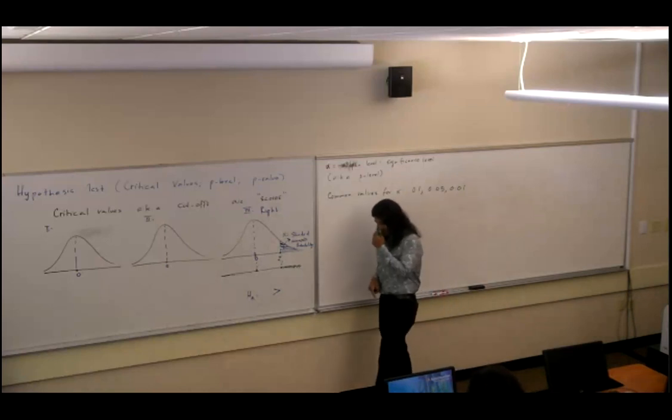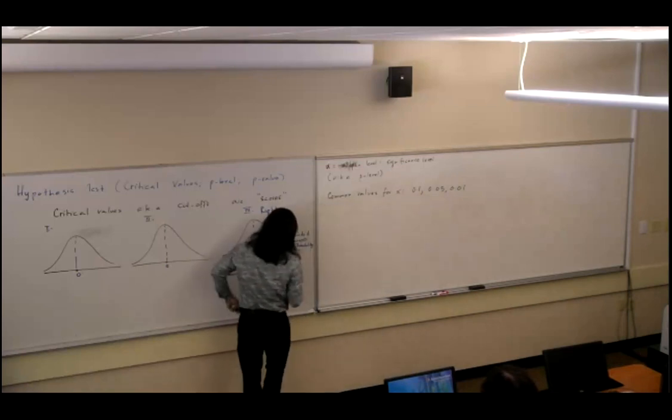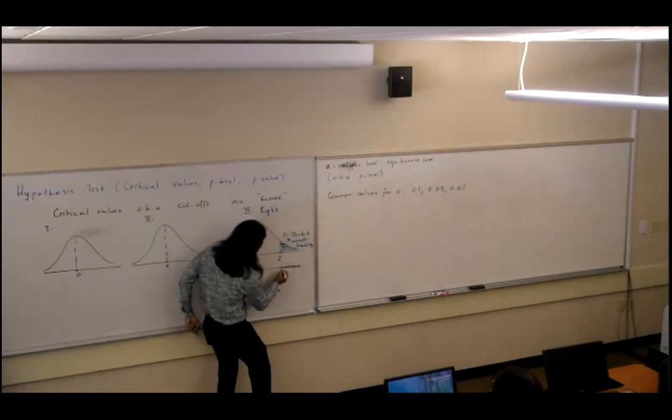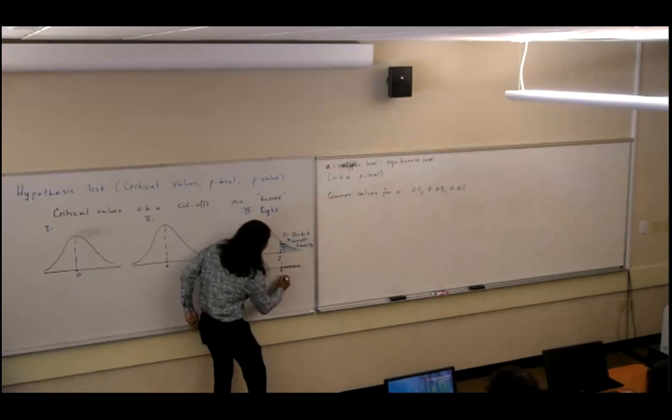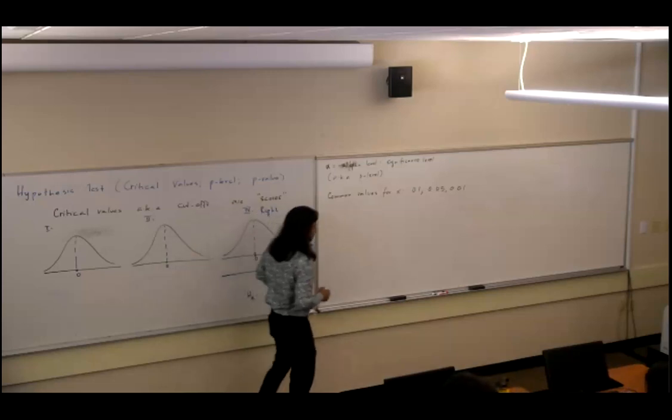What is that something that we need to find? The test statistic. Yes? Okay. That is my cutoff. Z score, in this case, easy example.